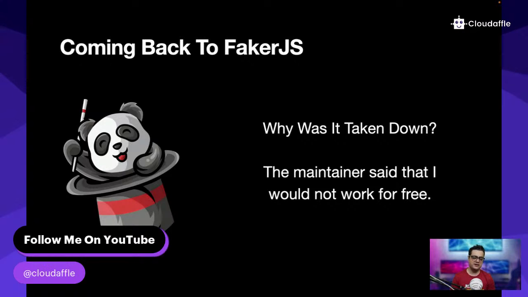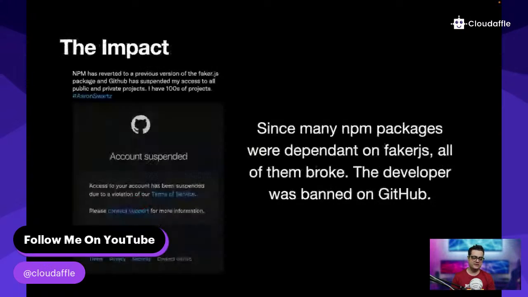Either give him money, or someone who can maintain it should go ahead and fork it. Since he did not get the contract, he took it down from GitHub, and since many NPM packages were dependent on FakerJS, all of them broke, and the developer was banned from GitHub and from NPM as well.